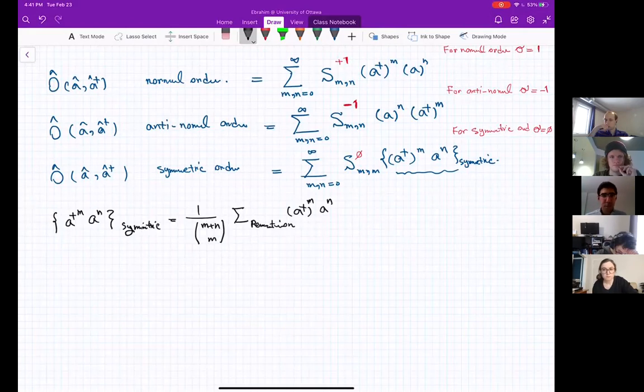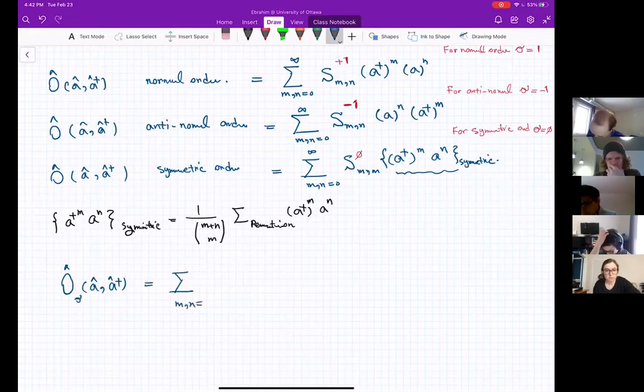Essentially, now for all of these three ways of representation, I have a single one. I say that O of A and A dagger of sigma, this is the sigma that we discussed previously, can be written as the summation of M and N changing from 0 to infinity, S of sigma of M and N, A dagger M, A N in the order of sigma.